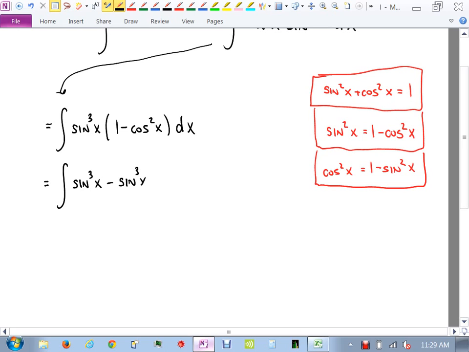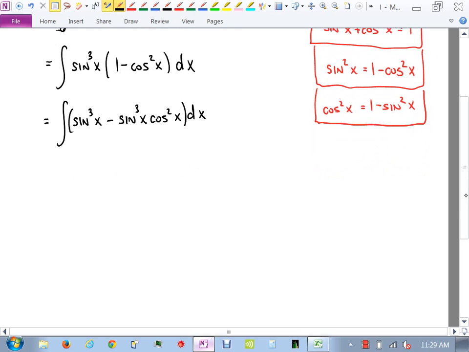Sine cubed x cosine squared x dx. Now what can we do here? Two integrals? We can go to two integrals here, can't we? Y'all okay with that?